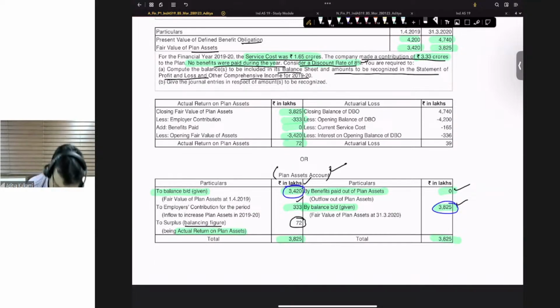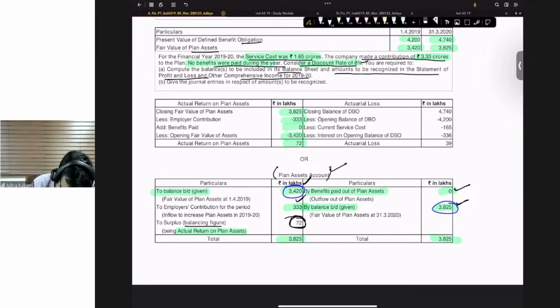Okay. So all these are actuals. So therefore, my actual return is 72. That means if I compare opening plus contributions minus closing, the net 72 increase is purely visible. Coming to the next part. Sir, yes, 72 is not the complete picture. Why?